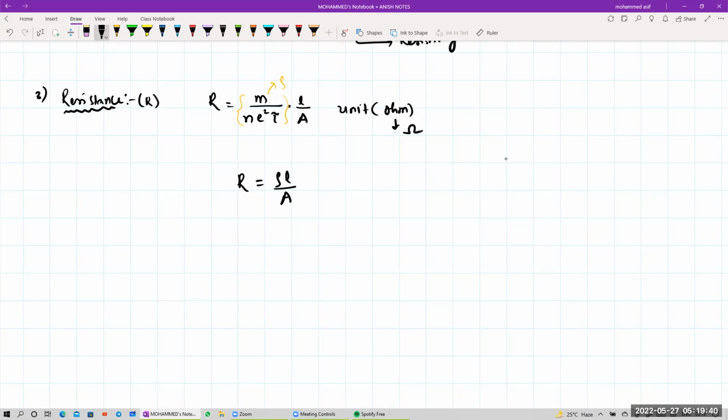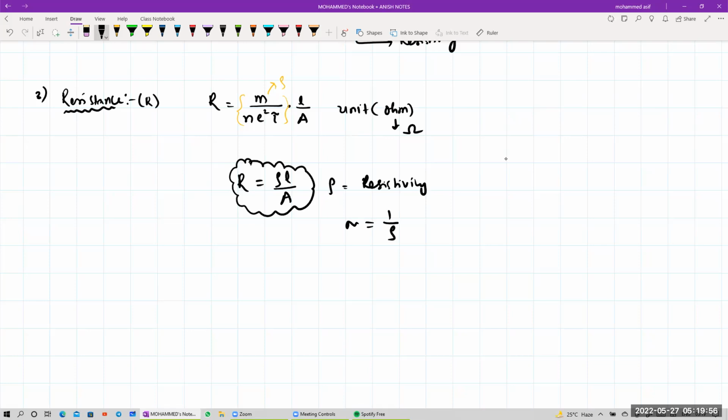Rho is known as resistivity. And sigma is 1 by rho.